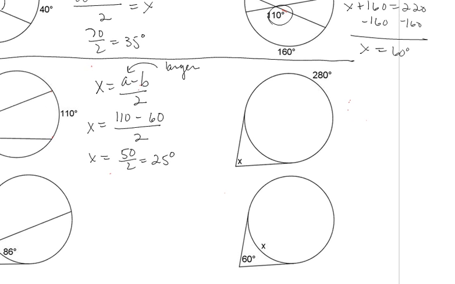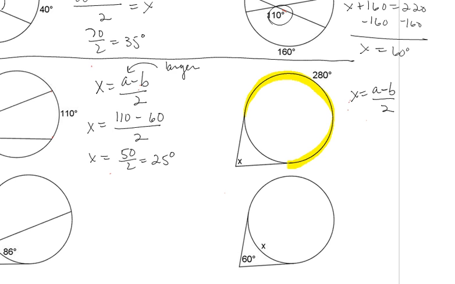The next problem, two tangents. Same formula as two secants. Subtract the smaller arc from the larger arc and divide by 2. Well, I don't see two arc measurements. I only see 280. But keep in mind, how many degrees are in a circle? 360.